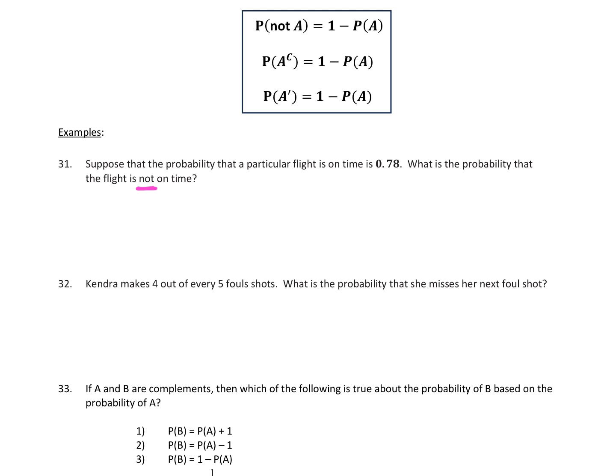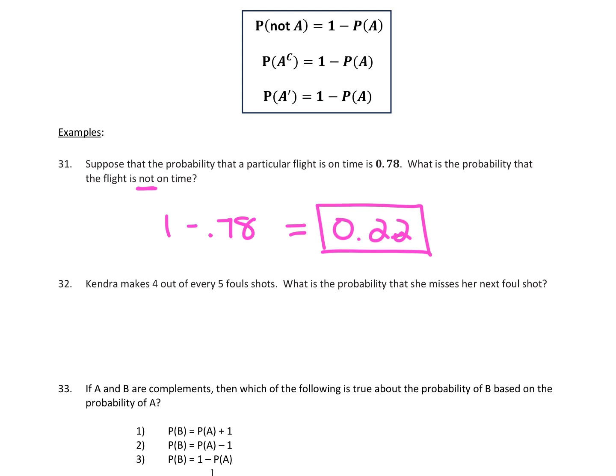Now we know the complement would just be 1 minus the probability of that event happening. Okay, so if we did 1 minus, we know the probability of the event happening is 0.78. That would mean the probability that the flight is not on time is equal to 0.22. Okay, if you wanted to change it to a percent, you could write 22%.